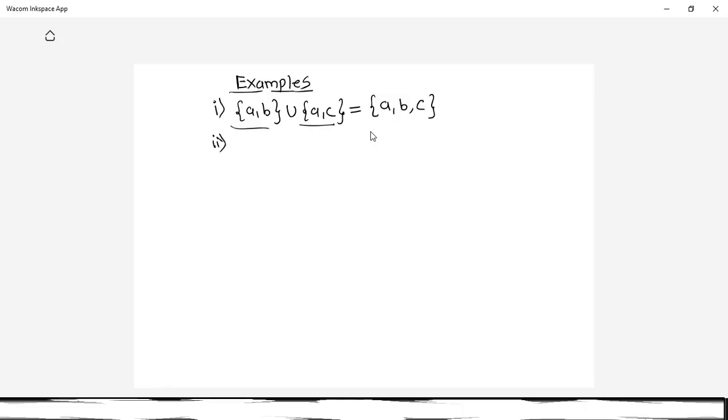Next example. {A, B} union {{A, B}}. Now if you observe the second set, it contains only one element.